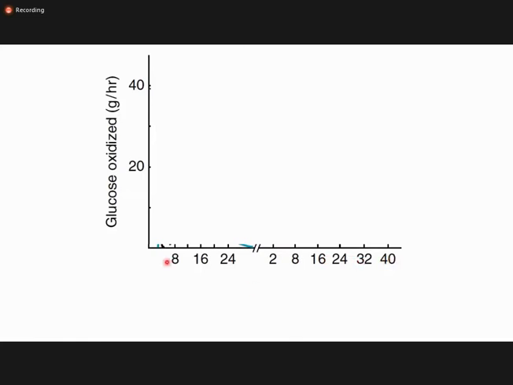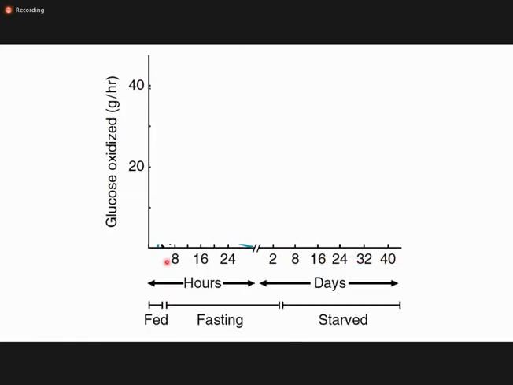Now what happens when we take a carbohydrate-rich meal in the fed state? When we take a carbohydrate-rich meal, the blood glucose concentration rapidly increases, and most of the glucose which is being oxidized is coming from glycolysis, and then the blood glucose concentration will rapidly go down.